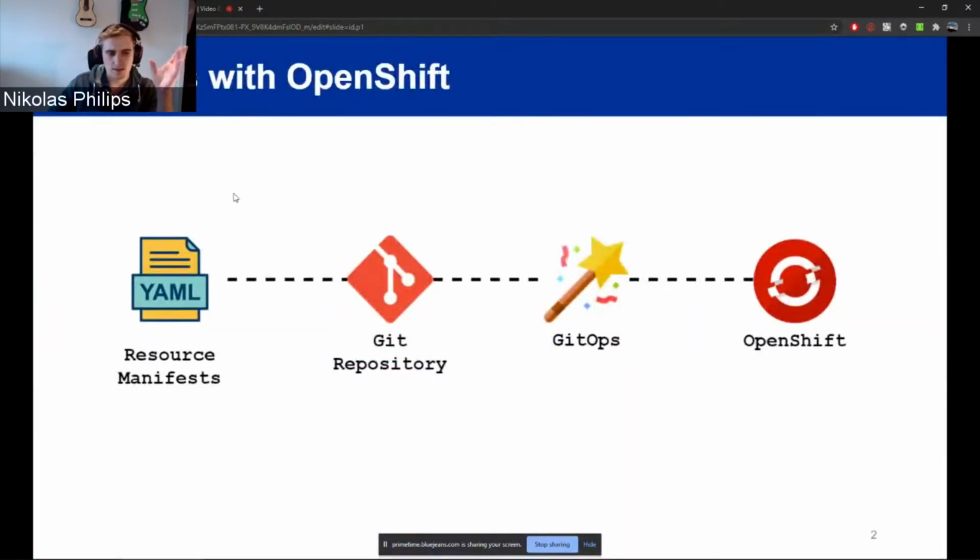First of all, what is GitOps? GitOps basically means that you store your Kubernetes manifests inside a Git repository, having a mechanism in place which then translates or applies these changes applied to the Git repository to the OpenShift cluster. Actually, GitOps is not really new to the industry.